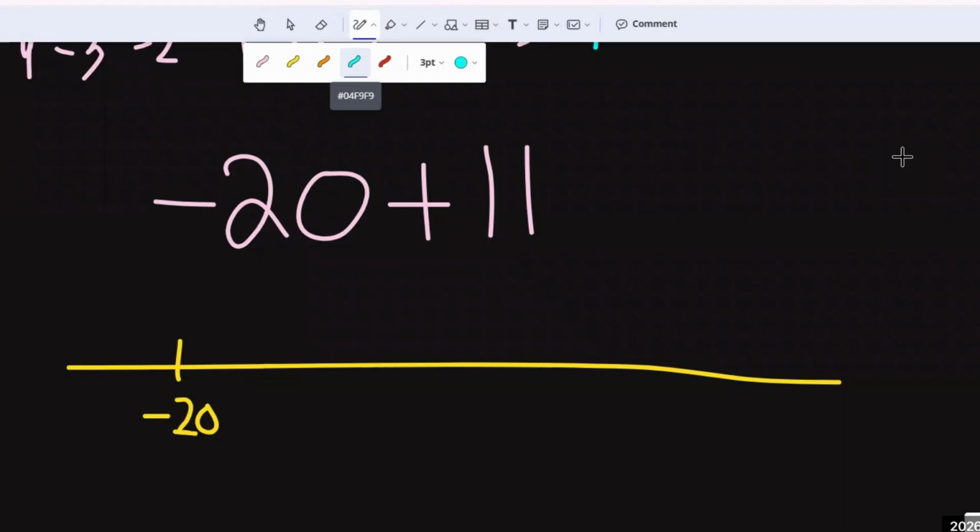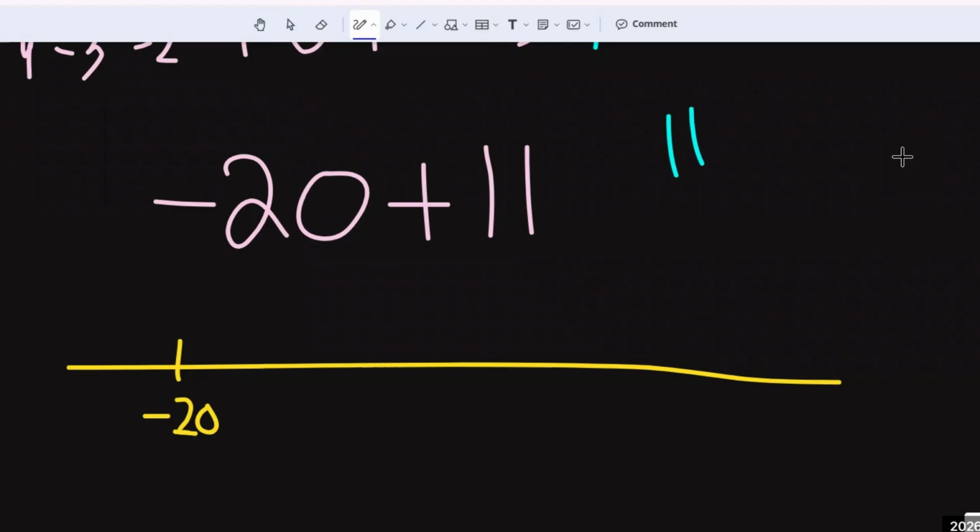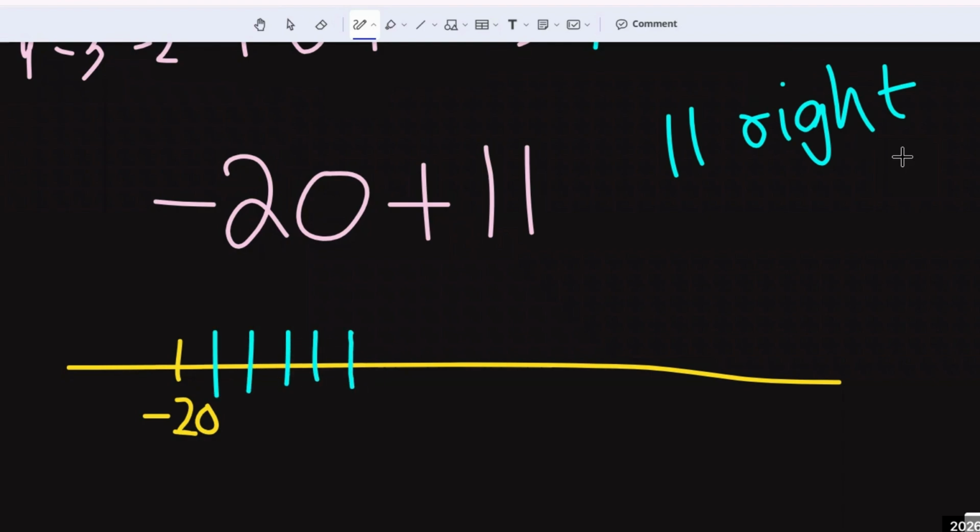So plus 11 means 11 units left or right? Right, because it is +11. So then you need to draw 11 lines. 1, 2, 3, 4, 5, 6, 7, 8, 9, 10, 11. So these are a total of 11 lines.